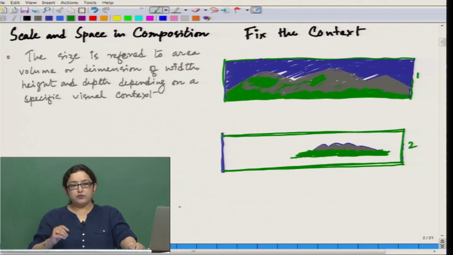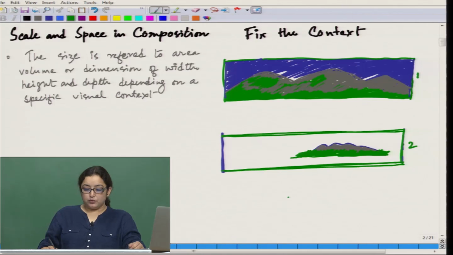So, when we fix a context, whatever the context is, we see that the other things are known as small or big in that context.